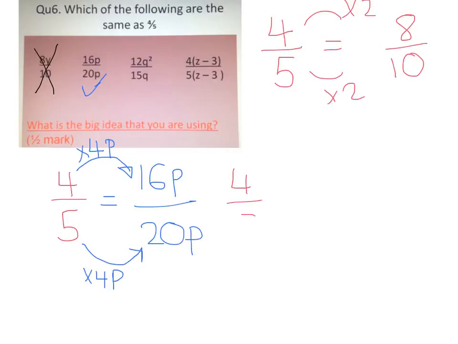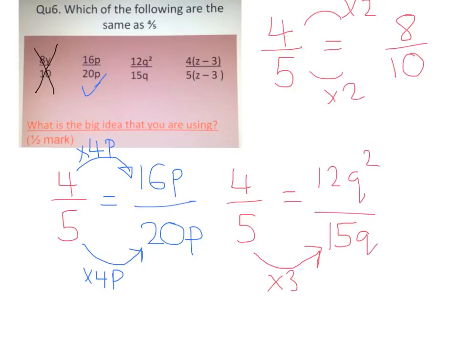Next one, 4/5, and is it equal to 12q squared over 15q? Now to get 5 to 15, we would have to times by 3, so 5 to 15q we'd have to times by 3q.